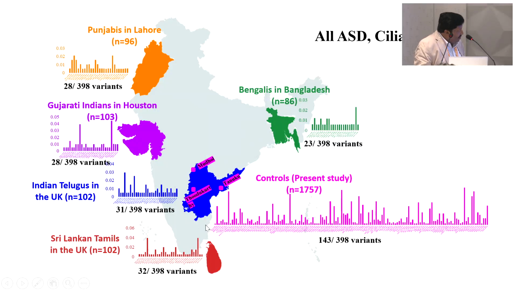We generated our own controls from a longitudinal cohort, which we have been following up for the last 20 years. For the set of glaucoma-associated genes, all anterior segment genes together, and ciliary genes together, we found close to 400 pathogenic variants, of which about half are present in the controls.